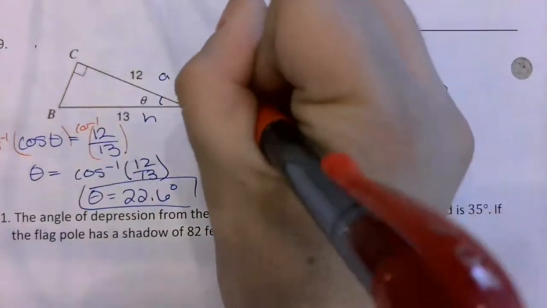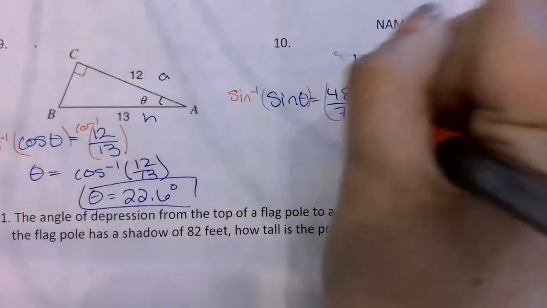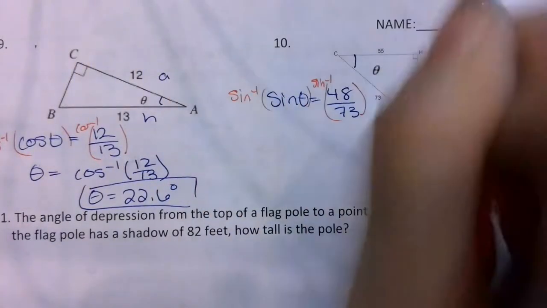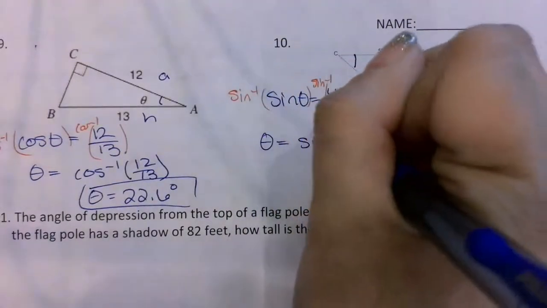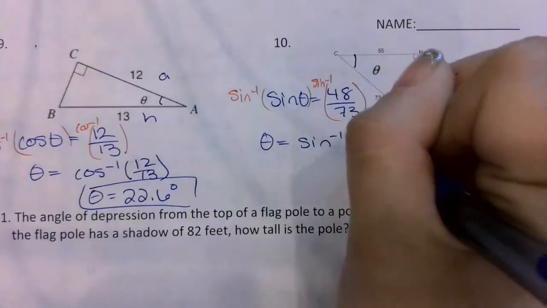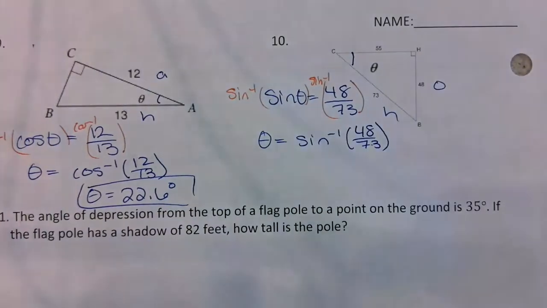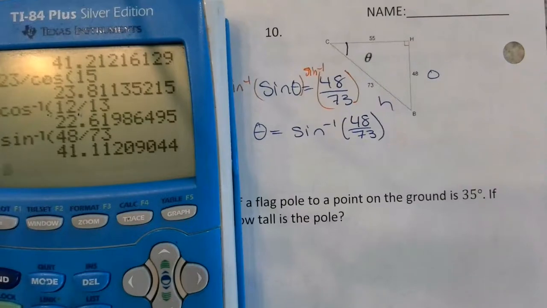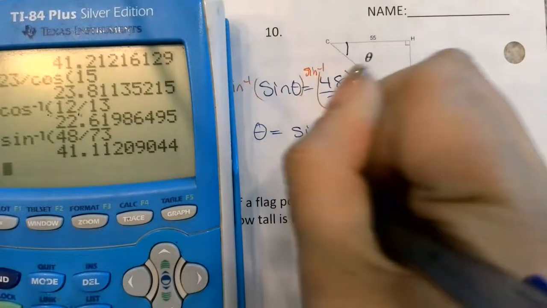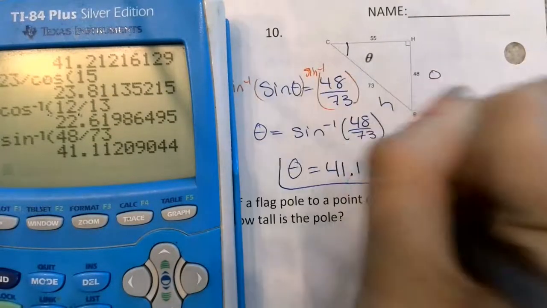And I want to multiply by sine inverse. I get theta equals sine inverse 48 over 73. And I end up with theta equals 41.1 degrees.